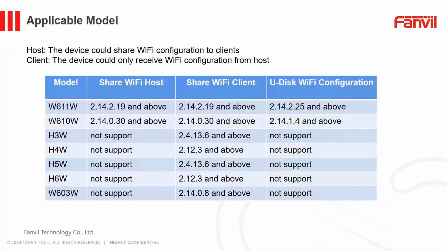Before we go through the examples and options on our phones, let's see which models support Wi-Fi sharing and which support the U-disk, and their firmwares. The models that support Wi-Fi sharing are the W611W and W610. Other models do not support this feature.